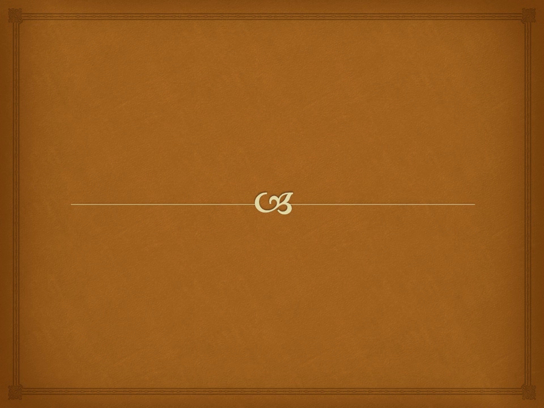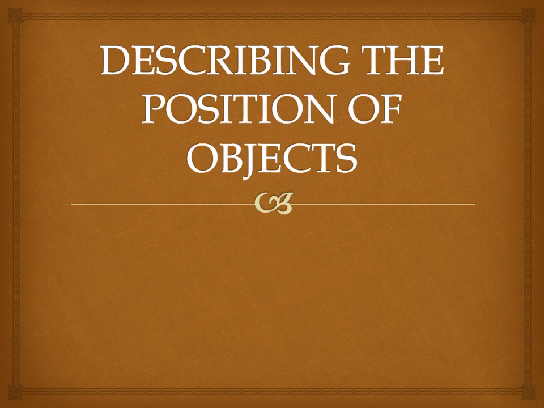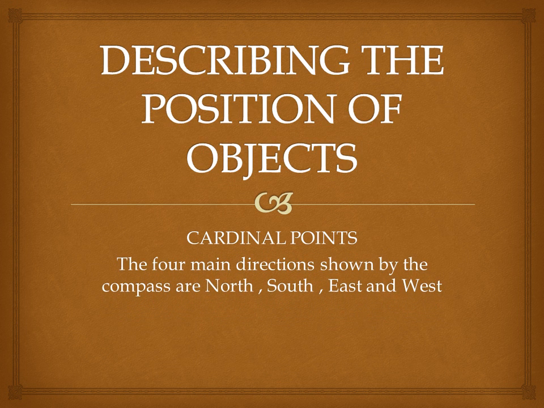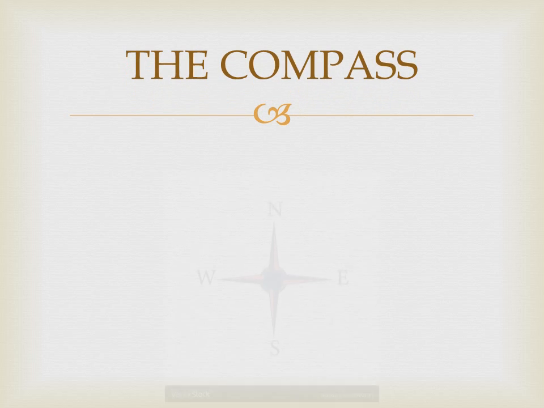Welcome to today's lesson. Today we are going to describe the position of objects using the cardinal points. The cardinal points are the four main directions shown by a compass.